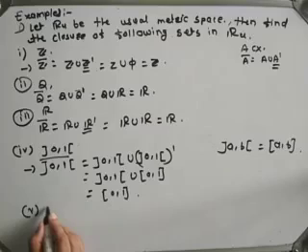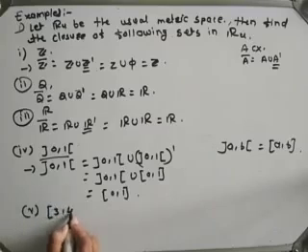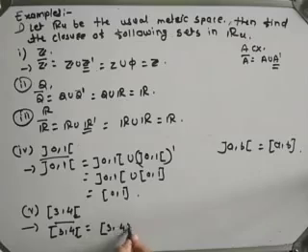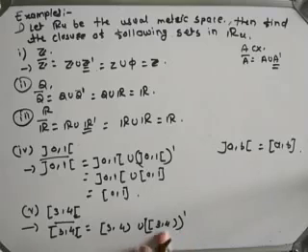Fifth example is semi-closed open interval [3, 4). Closure of semi-closed open interval [3, 4) is equal to semi-closed open interval [3, 4) union limit points of this interval.